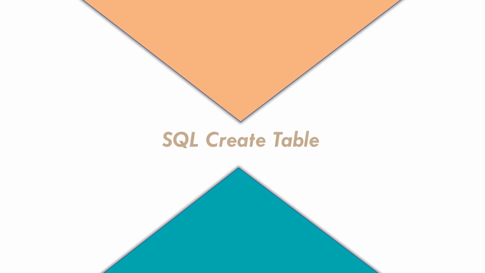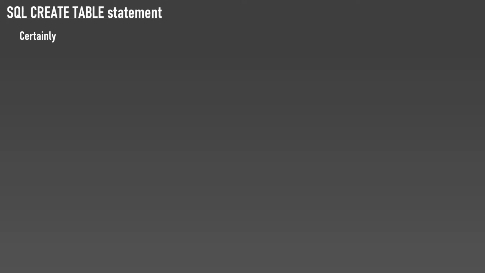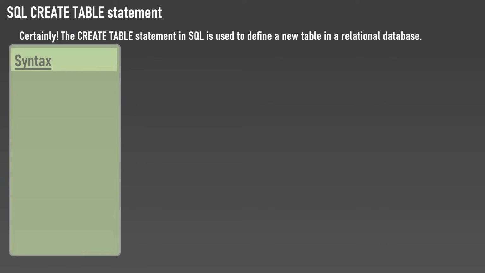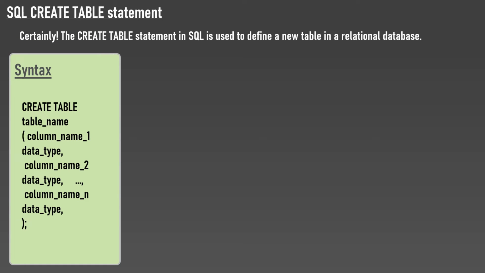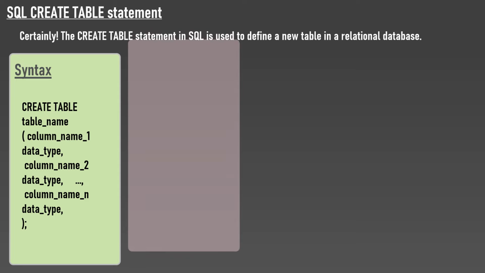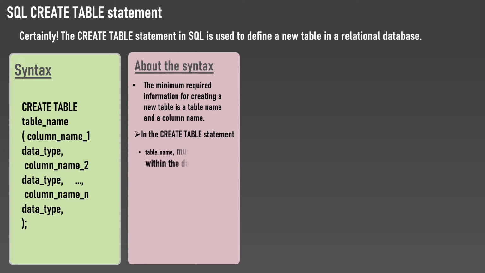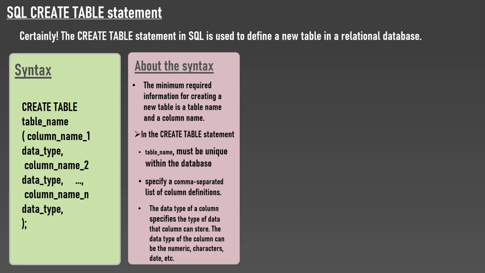SQL create table command. The create table statement in SQL is used to define a new table in a relational database. The syntax for the create table statement is as follows: CREATE TABLE table_name (column_name data_type, column_name2 data_type, and so on, n number of columns along with the data type specification); About the syntax, the minimum information required for creating the new table is the table name and the column names definition.